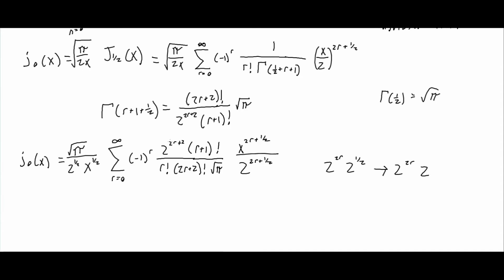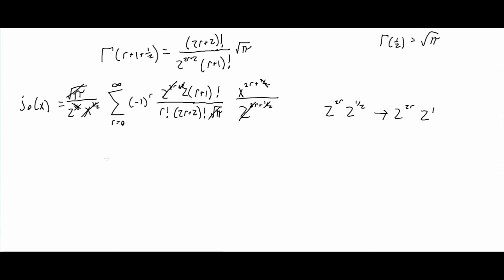So this 2 to the 2r is going to cancel out with this 2 to the 2r, and this 2 will cancel out with the 2 to the 1 here, so this will just end up being a 2, while both of these go away. This x to the half will cancel out with the x to the half here, and this square root of pi will cancel out with this square root of pi. After all those cancellations, this whole thing has been canceled out.